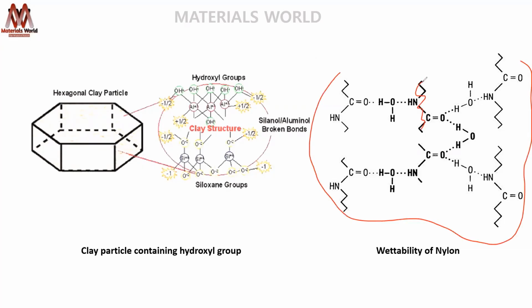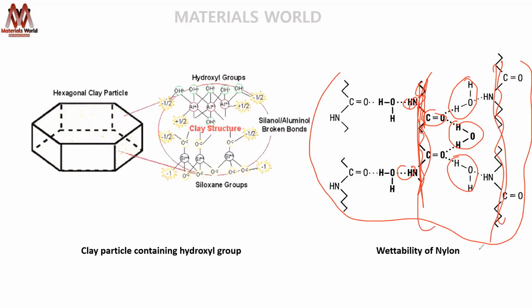This is the main chain of nylon, and this is the CO and NH groups. And this is H2O, which is bonding between two chains of nylon, and that's why nylon is very hygroscopic and very wettable. If you put it in water, it will become very tough.